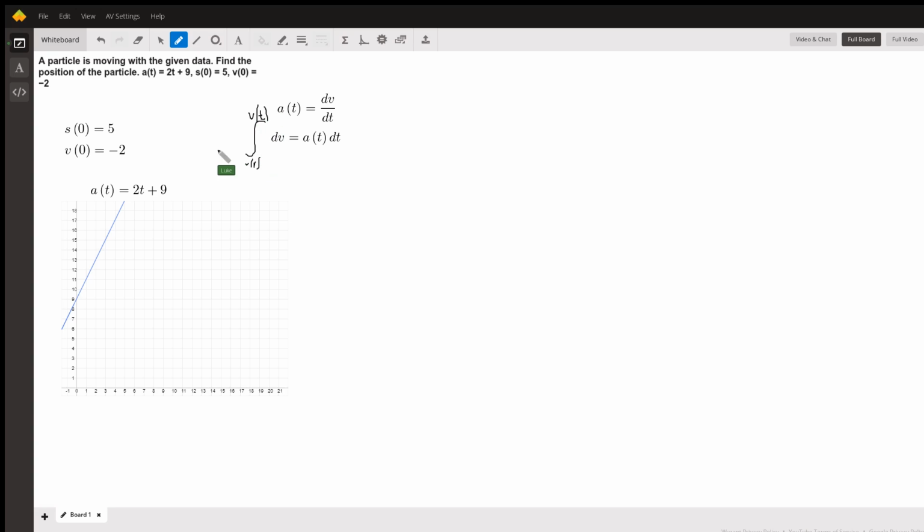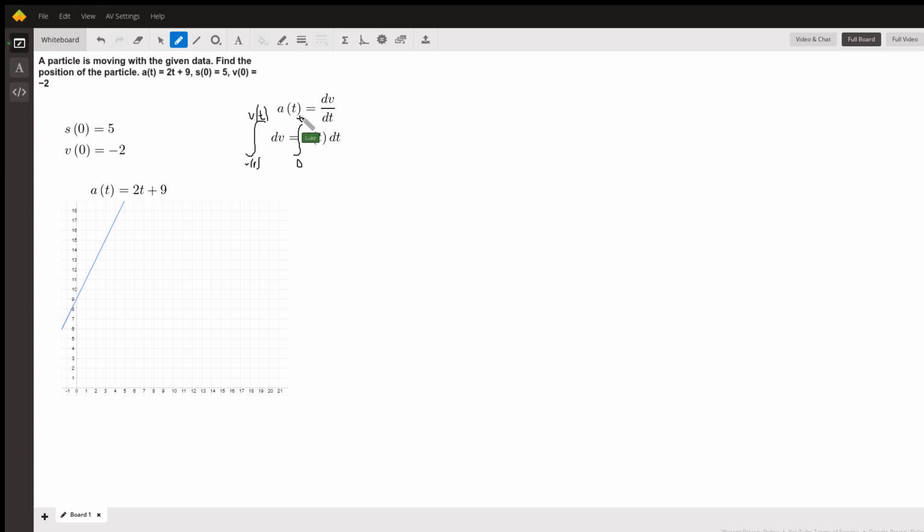Now, if you have your bounds written like that as v of t and v naught, then in the same sense, we also need to have this side written as if that was evaluated from v at time 0, and this is the time side. This one has to be from a time of 0 to some time t.